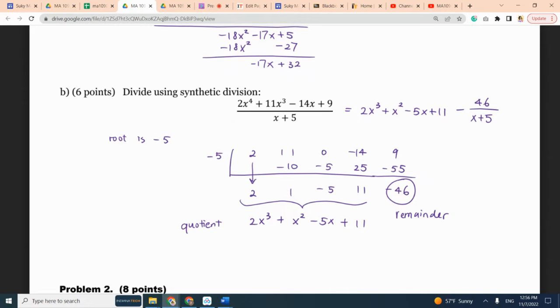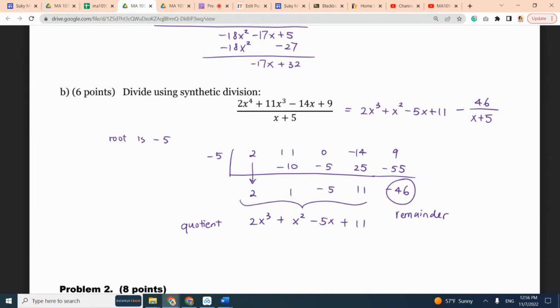And how do we do it? We move the 2 down here. Use 2 to multiply by negative 5. So we get negative 10. Put it in the next column. And then add those two numbers. We get 1. 1 times negative 5 is negative 5. Add them. Continue.